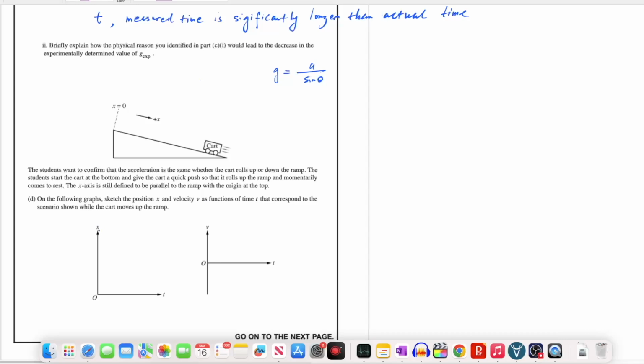We want to get x versus t. So according to the kinematic equation, it's going to be a quadratic function. So x is x naught plus v naught t plus 1/2 a t squared.